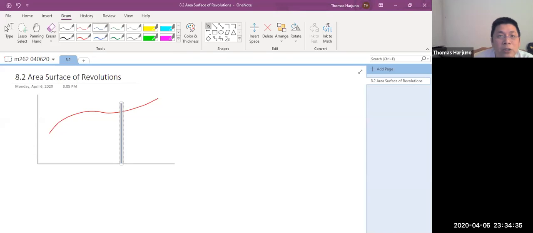I take one of the sections, let's say I do this kind of cut here. So we will be dealing with this segment, which I will revolve with respect to the x-axis.